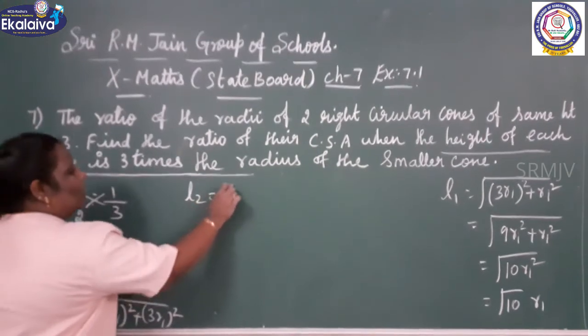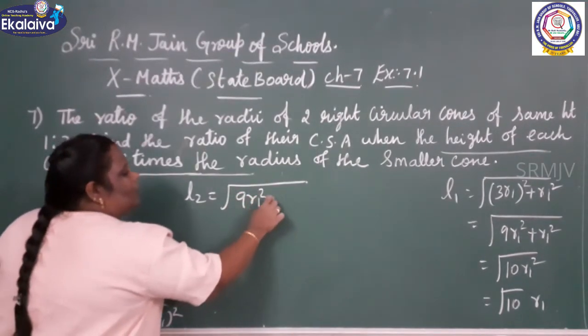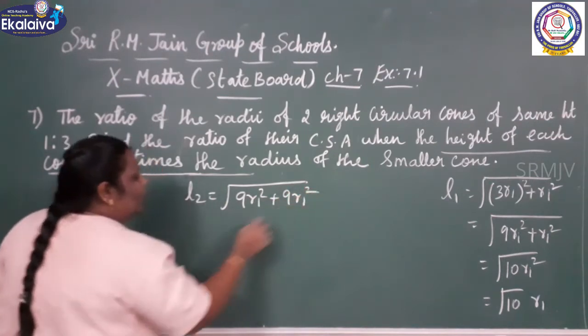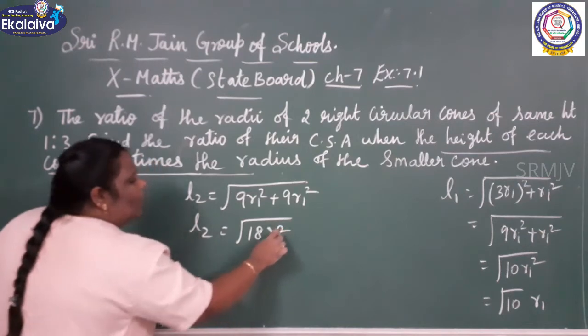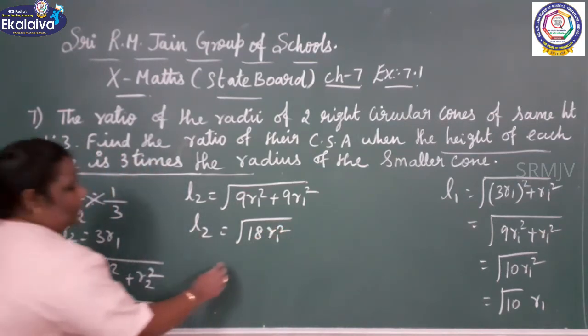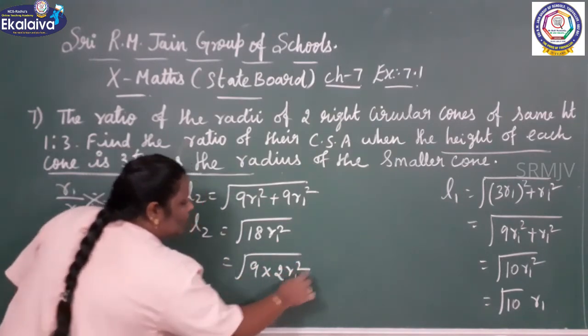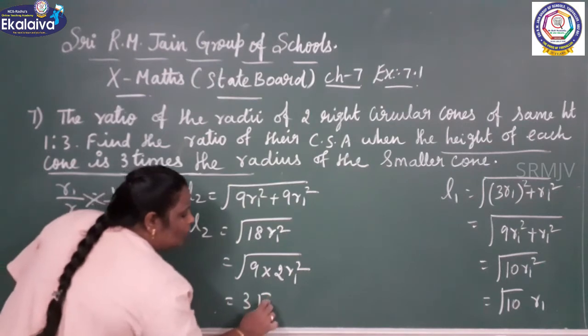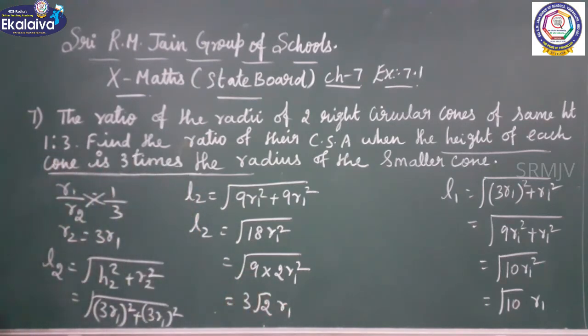L2 equal to root of 9R1 square plus 9R1 square, root of 18R1 square, which is 9 into 2R1 square. It gives 3 root 2 into R1.